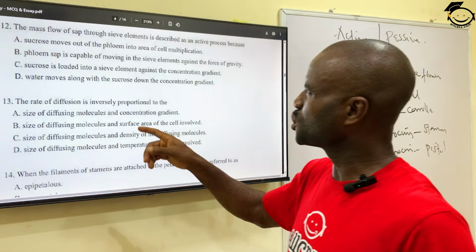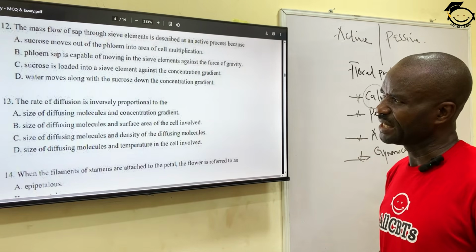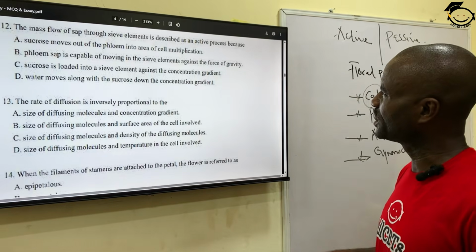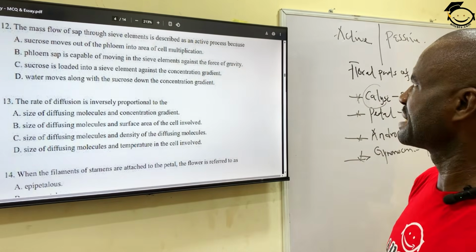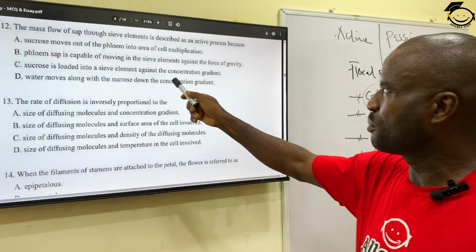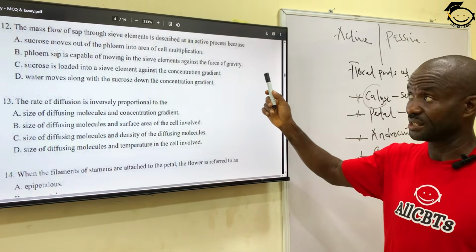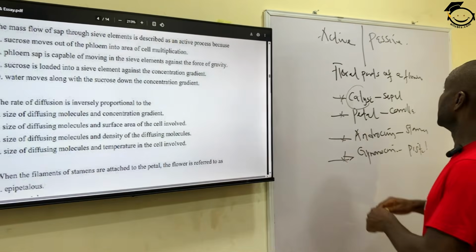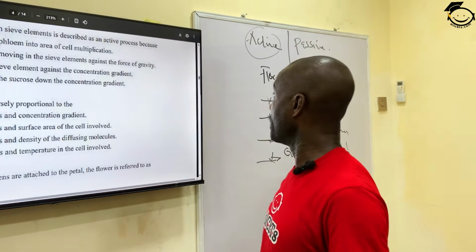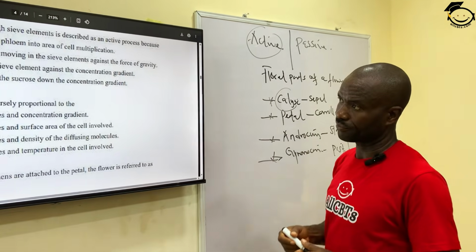C, sucrose is loaded into a sieve element against the concentration gradient. Then the last one says, water moves along with the sucrose down the concentration gradient. The correct answer is B. Phloem sap is capable of moving in the sieve element against the concentration gradient. So when you are moving against the concentration gradient, it's actually an active movement. But when you are on the same path with the concentration gradient, it is passive.